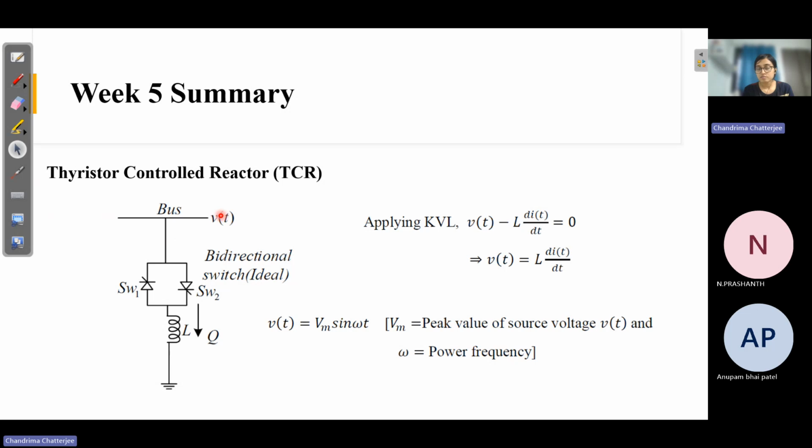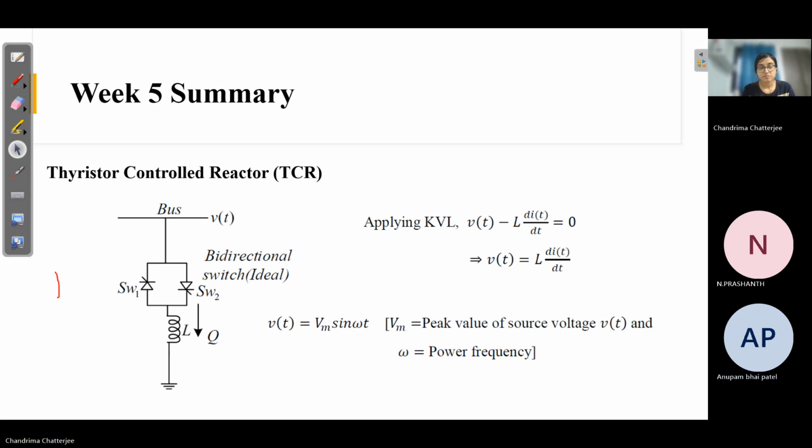This is where the subject name, applications of power electronics in power systems, comes in. These are semiconductor devices, and one group of semiconductor devices is called thyristor, and this particular type of device we also sometimes call silicon controlled rectifier, SCR.